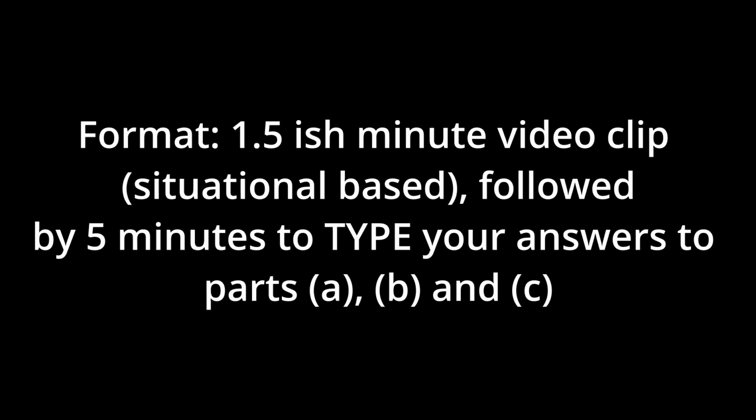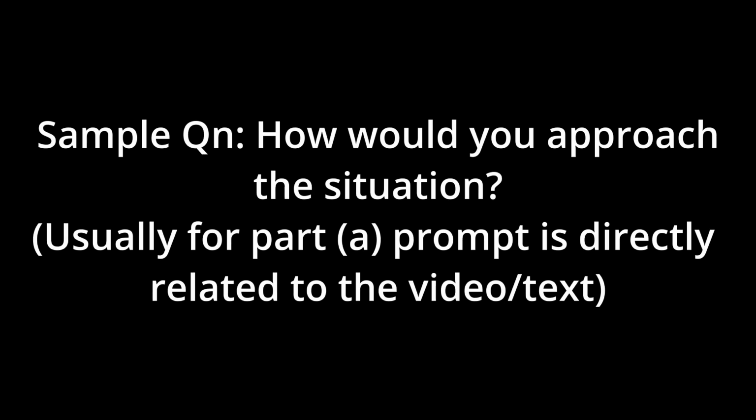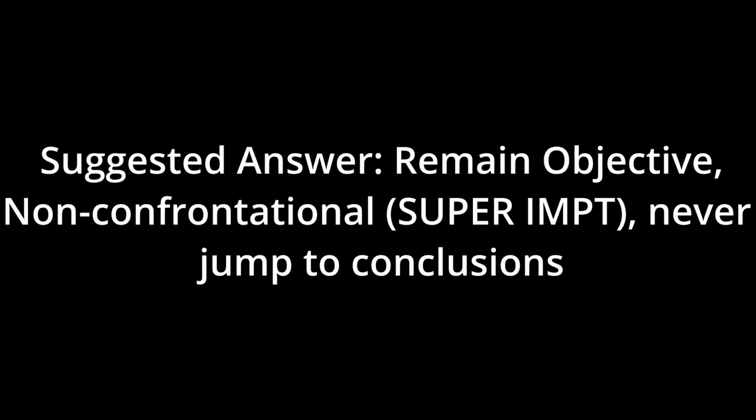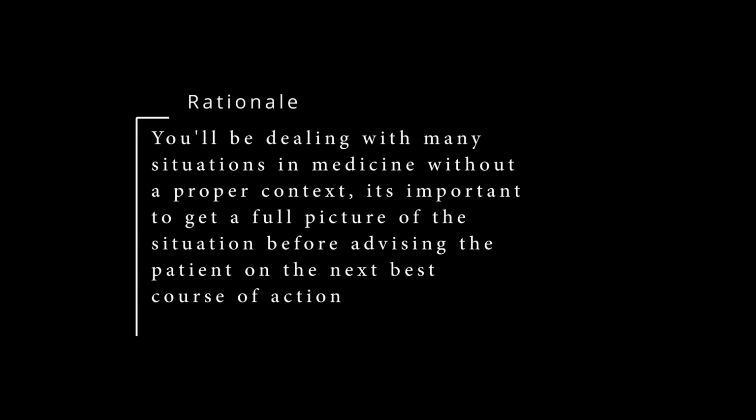So, give a bit of time to think, and I'll talk about some of the possible solutions or questions that can arise from this example. Definitely, in every sense, we want to remain objective and not jump too quickly into situations if you don't have the full picture. For the first question that's likely to come up, asking what you will do directly, I'd recommend saying that you will remain non-judgmental and not jump to any conclusions, because it may be premature to do so.